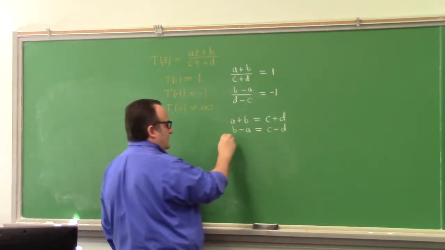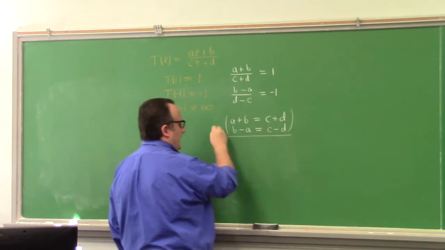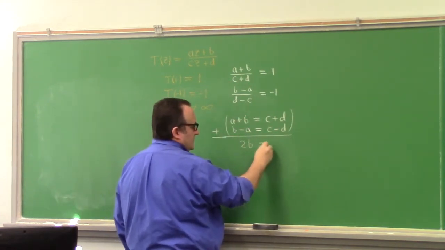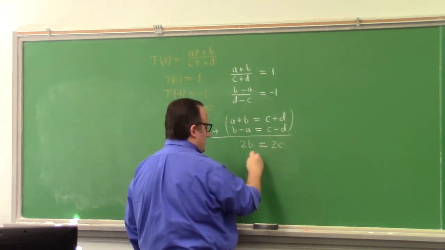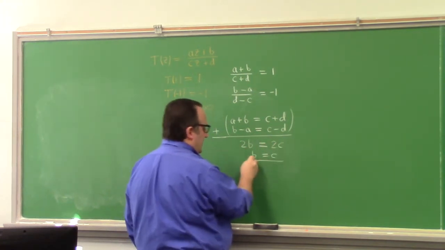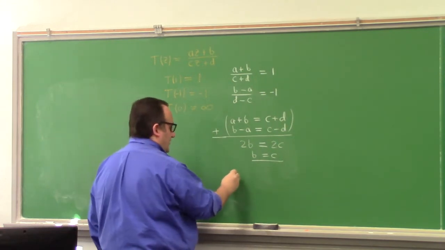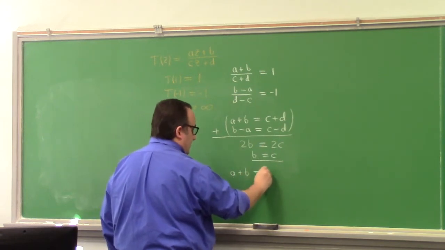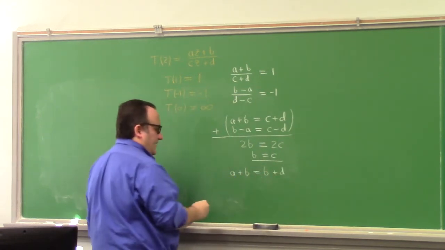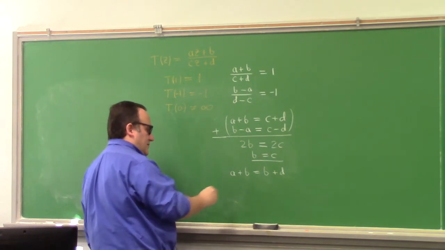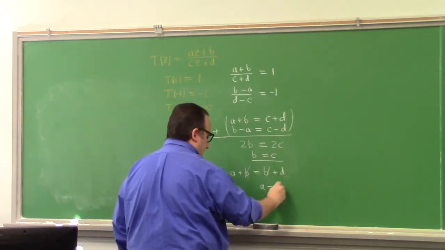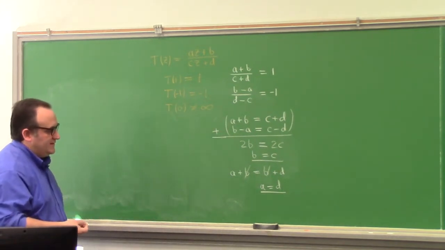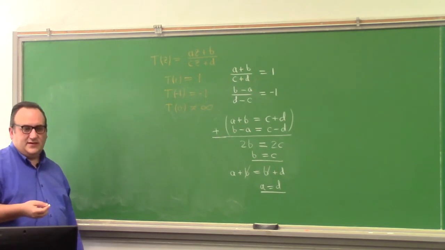And then if you add these equations, what do you get? The a's cancel. We get 2b equal to 2c. So b is equal to c, apparently. And then once you know that, you can go back and go, okay, so then a plus b is equal to b plus d. And that gives us what? The b's cancel. We get a equals d, right? So the fact that 1 and -1 are fixed gives us a equals d and b equals c.